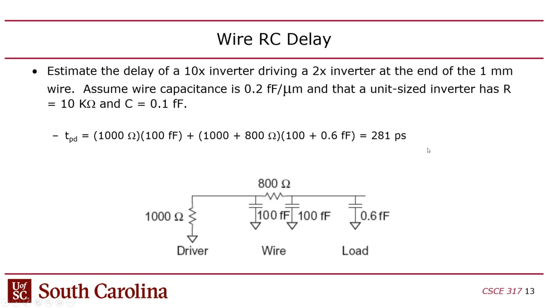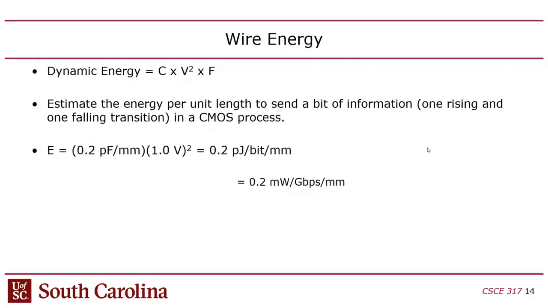So you evaluate that and you get 281 picoseconds. So that's the falling delay, which includes the inverter, the wire, and the load. So that's it. That's all the delay stuff.